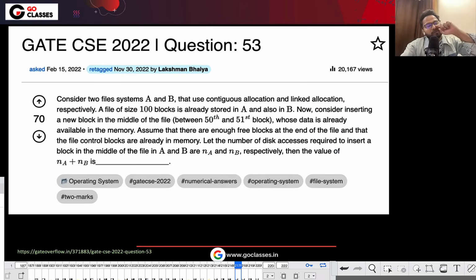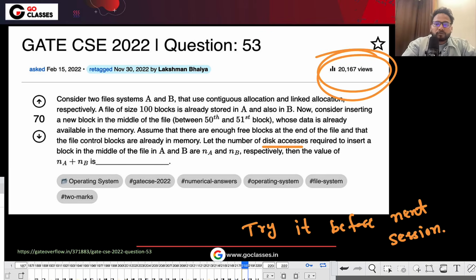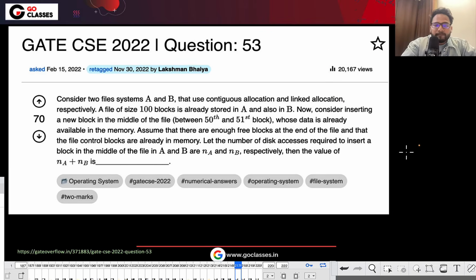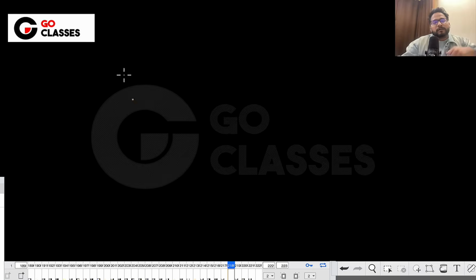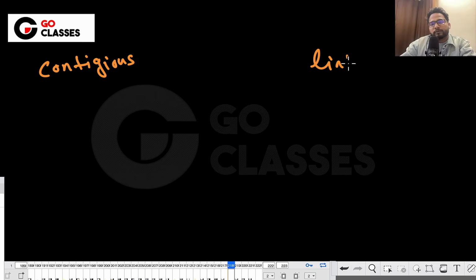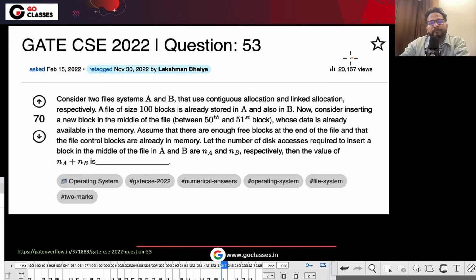Now let's solve this question. This question was asked in GATE 2022 and it was based on a similar concept. Let me tell you what this question is asking. You have two file systems, A and B, that use contiguous and linked allocation.